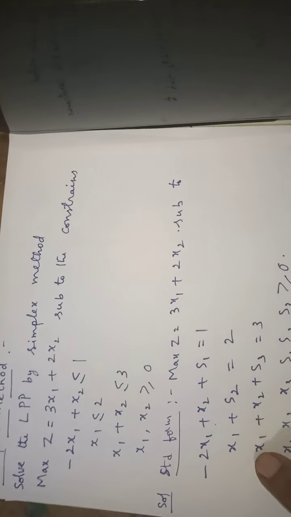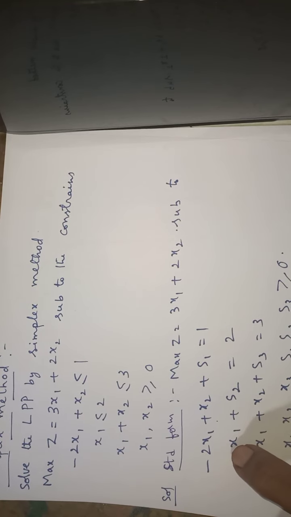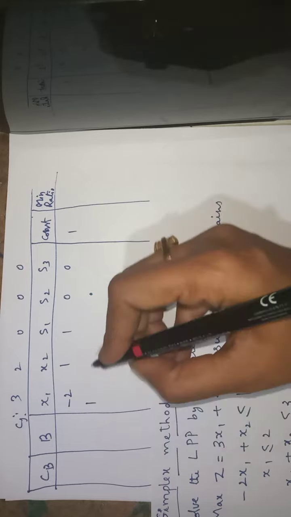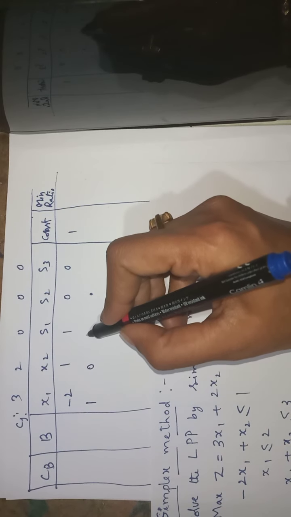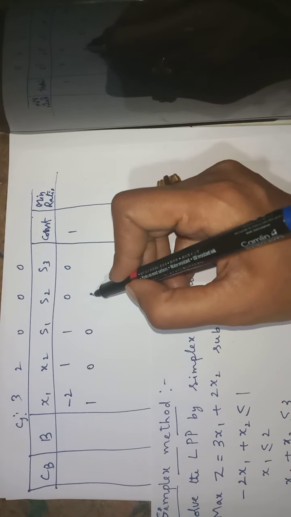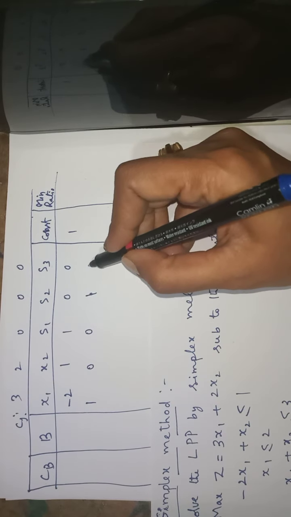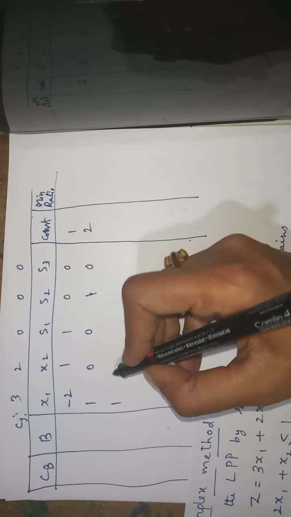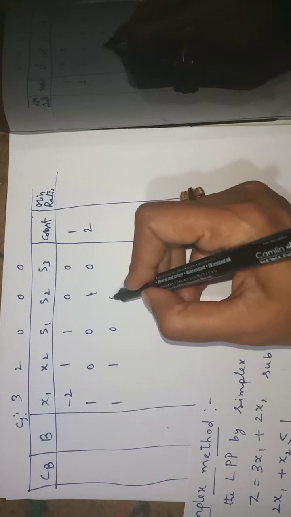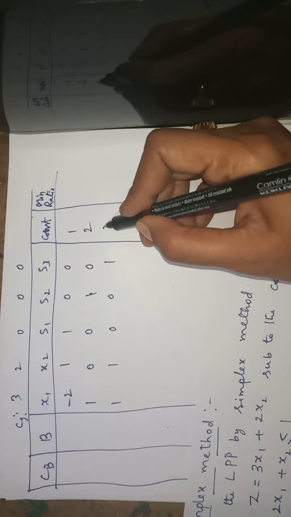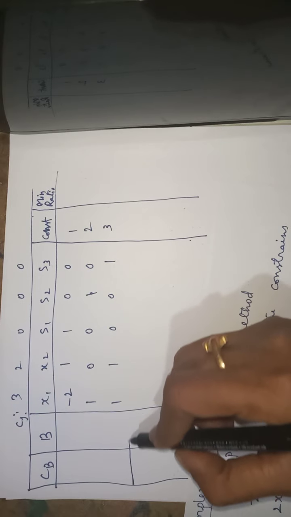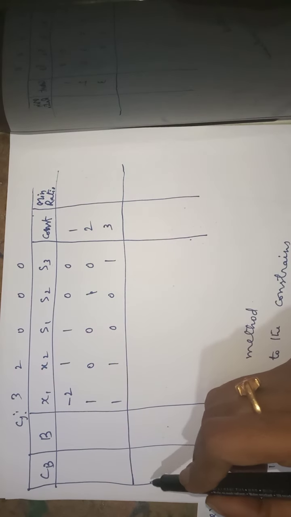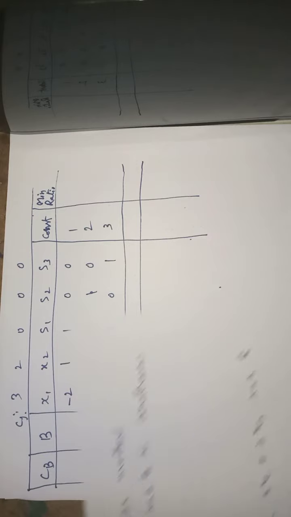The second: x1 1, x2 0, s1 0, s2 1, s3 0, constant 2. The third: x1 1, x2 1, s1 0, s2 0, s3 1, constant 3. And draw one more column like this.